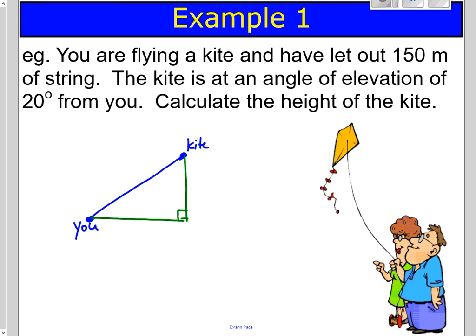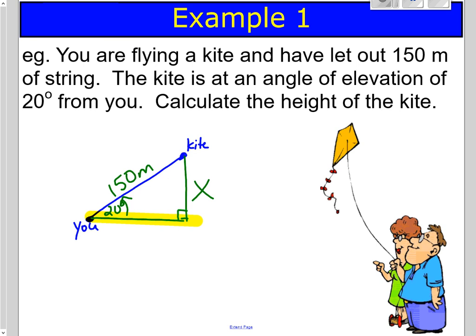So we know our angle of elevation. Remember, angle of elevation always comes from a horizontal line. So here's my horizontal line. My angle of elevation is up from there, and it's 20 degrees. And we know we've let out 150 meters of string. What we're looking for is the height of the kite.